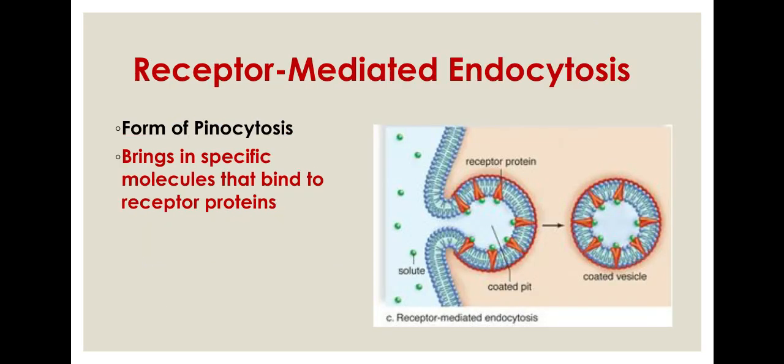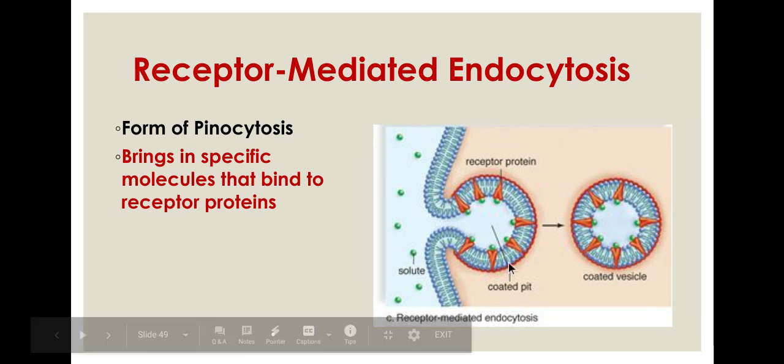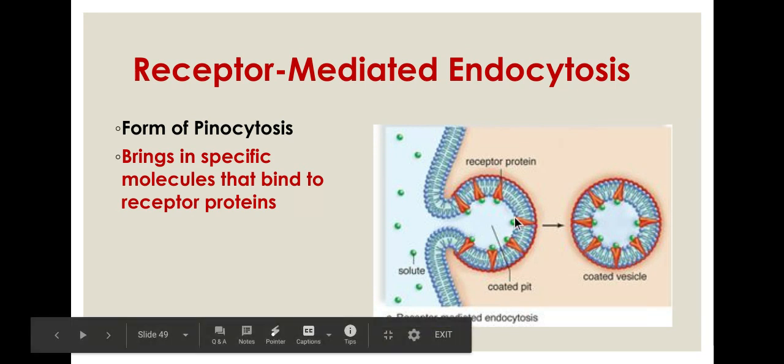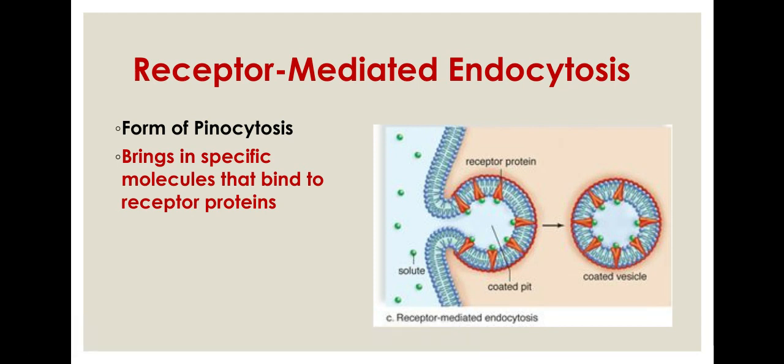And then, of course, the receptor-mediated, it's a type of pinocytosis. It's just requiring a receptor molecule to sort of hold on to these solutes, and then it will only make that vesicle when we have enough of those solutes present to be pulled into the cell.